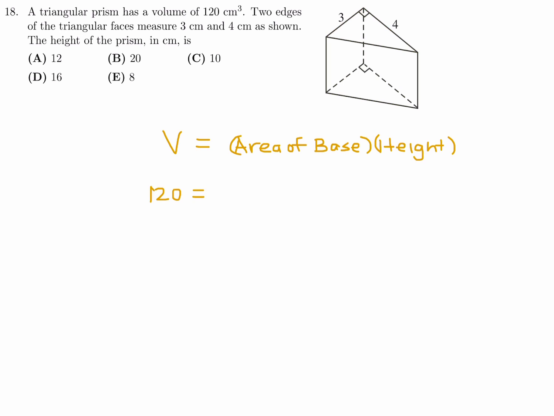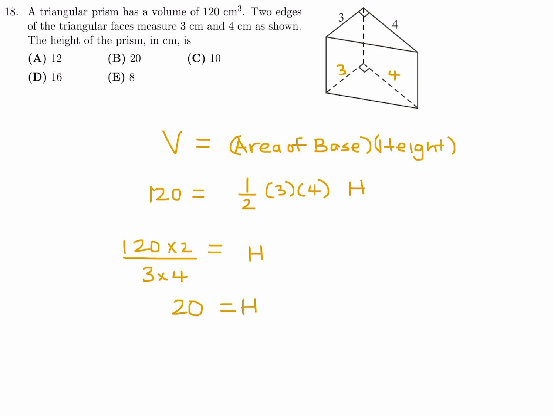I guess you would consider that to be the base, but it's the same as the top, right? The dimensions are the same, 3 and 4. So the area of the base is just a triangle, and it's 1/2 base times height. So I can use 3 and 4 as my dimensions. And that just leaves me with the height. So that's what I have to solve for. So cross multiplying, this becomes 120 times 2, and then divide by 3 times 4. And when you do, you get 240 over 12, and that gives me 20. So H is 20. Number 18, therefore, is B.